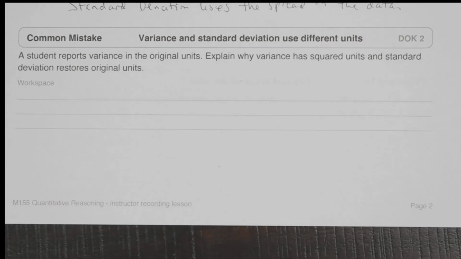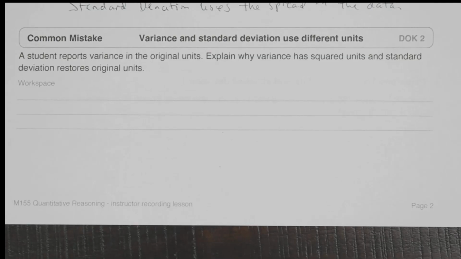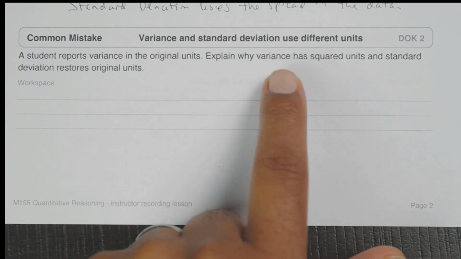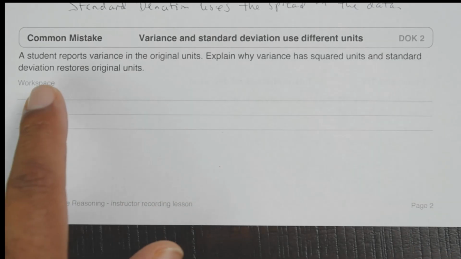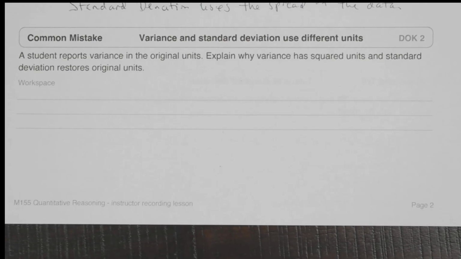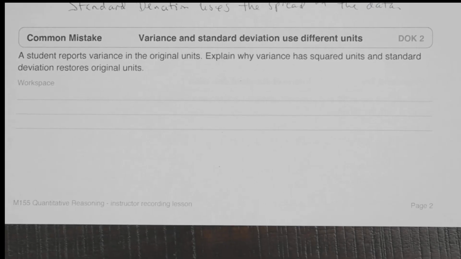Variance and standard deviation use different units. Suppose a student reports variance in the original units. Explain why variance has squared units and standard deviation restores original units. So suppose we're using exam scores in points, right? The deviations are also measured in points, but we square them, right? So the units will become points squared.